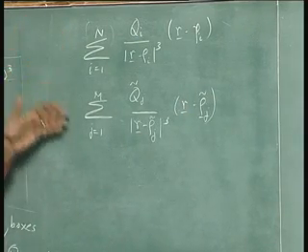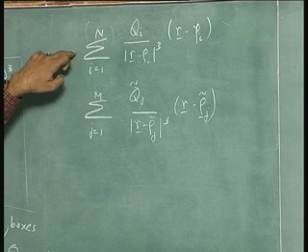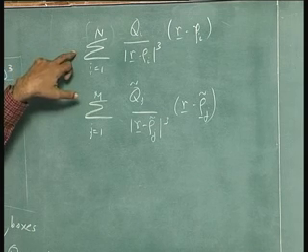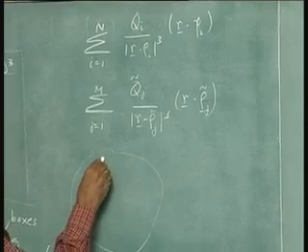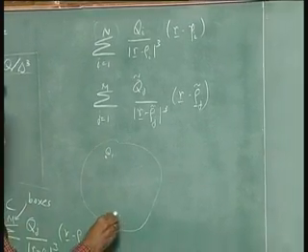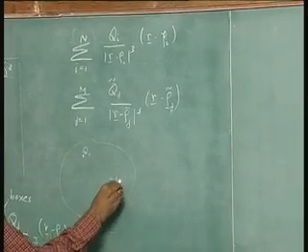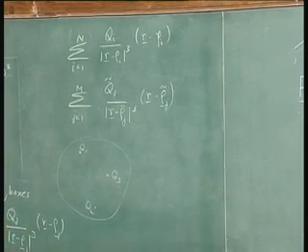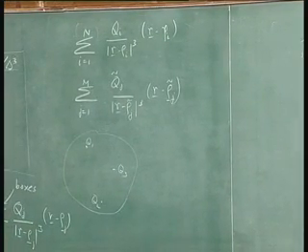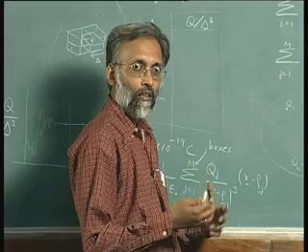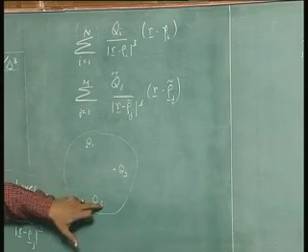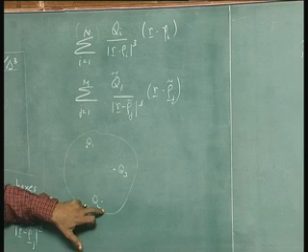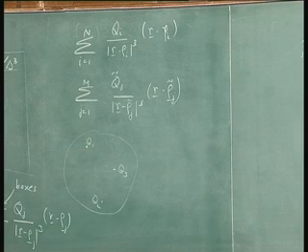They look exactly the same, but in one case I am counting particles. Particle 1 in my cloud, q1 may be here, q2 may be here, q3 may be here. So, when I sum them up, I am not summing up particles that are nearby each other first and then particles that are far away.